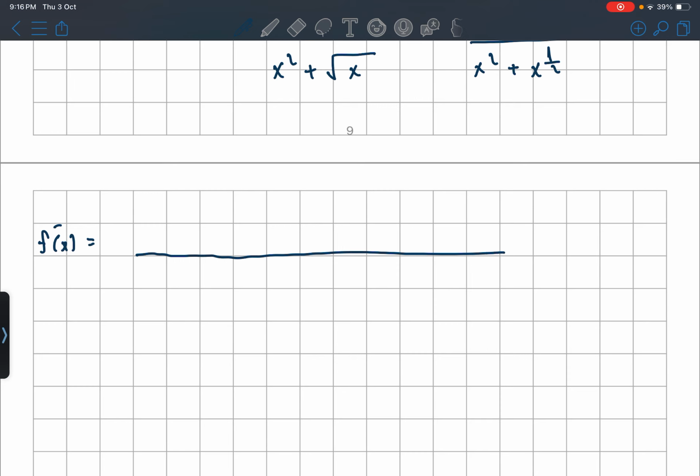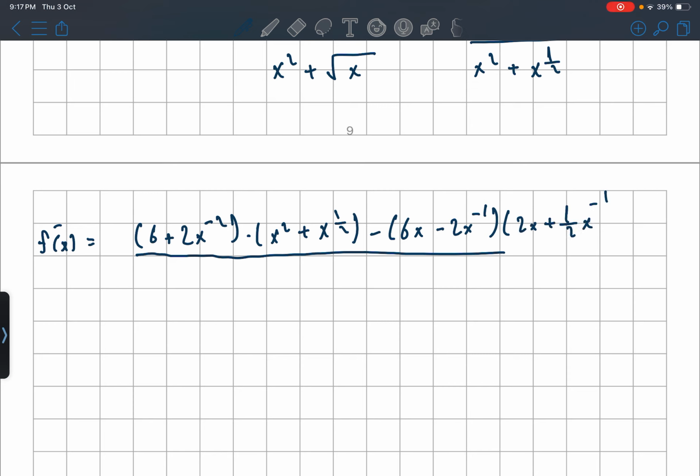First the derivative of the numerator times the denominator, minus the numerator times the derivative of the denominator, and the denominator squared: x power of 2 plus x power of 1 over 2, squared.